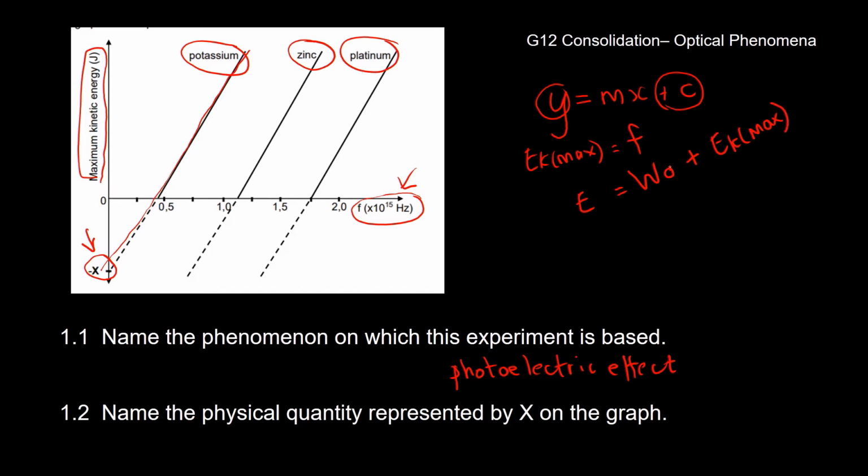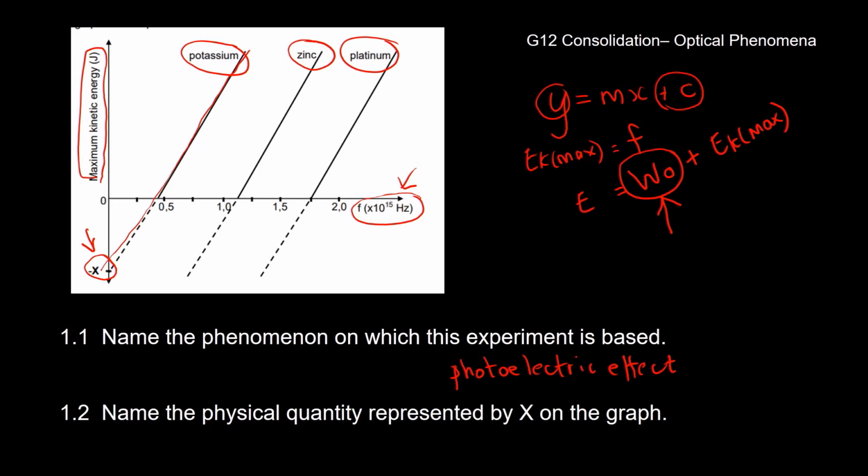So what do you think that x value is going to be? Well, it's going to be the work function. These are all related to one another, and that equation, the energy of a photon equals work function plus the maximum kinetic energy of the electron, is telling us that x value is the work function.